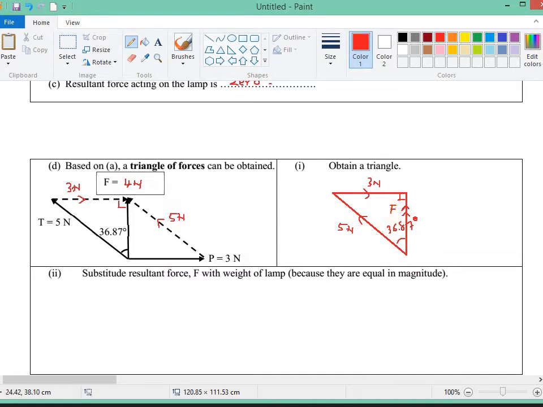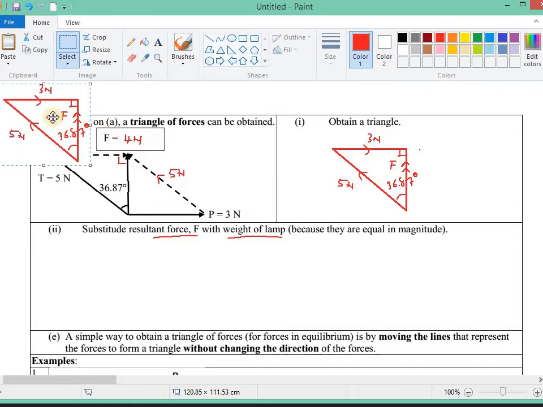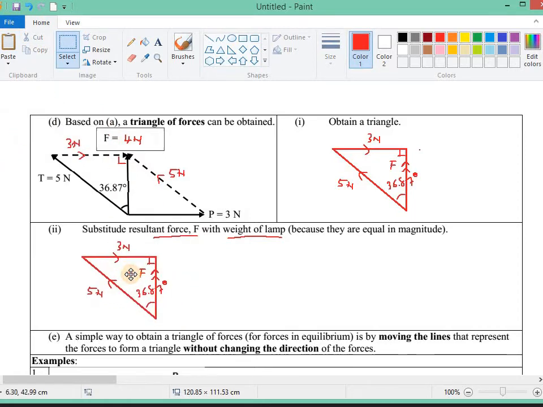Alright, so we can substitute the resultant force F with the weight of the lamp. That means this force F, the resultant force of 3 Newton and 5 Newton, we can substitute with the weight.